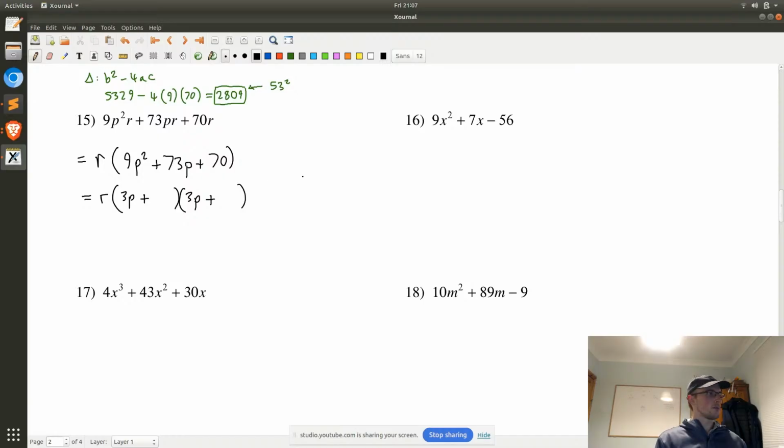And then 1 and 70, no. 2 and 35. No, that won't work, because it would be 3 times them added together, and you would never get 73. So it must be 9 and 1. That's awesome.